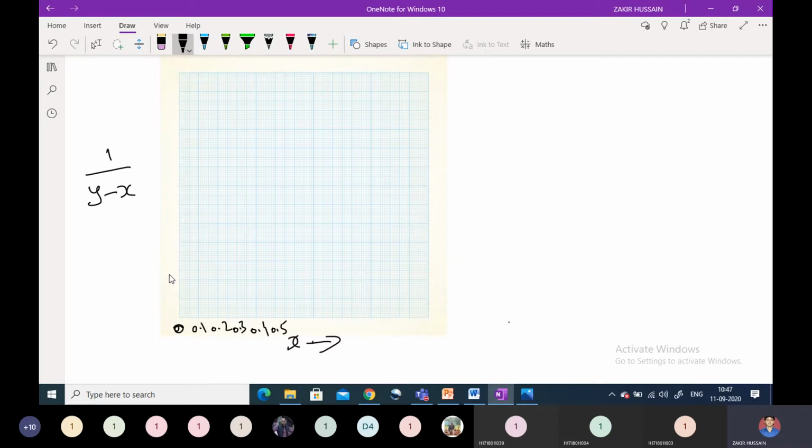Can anybody guess what range we can take for the y axis, 1 by (y minus x)?